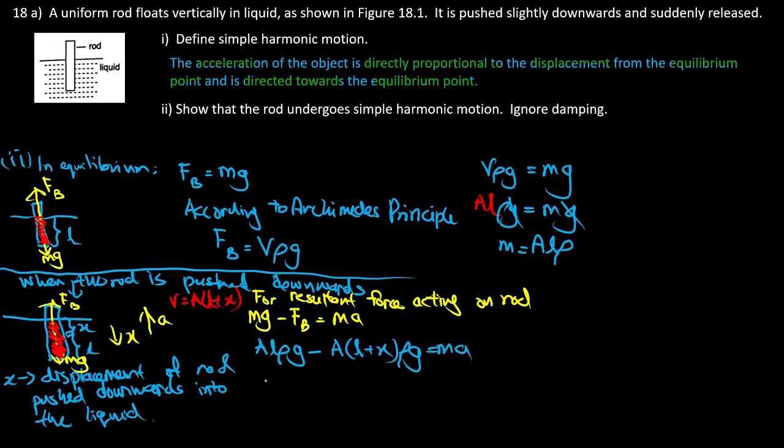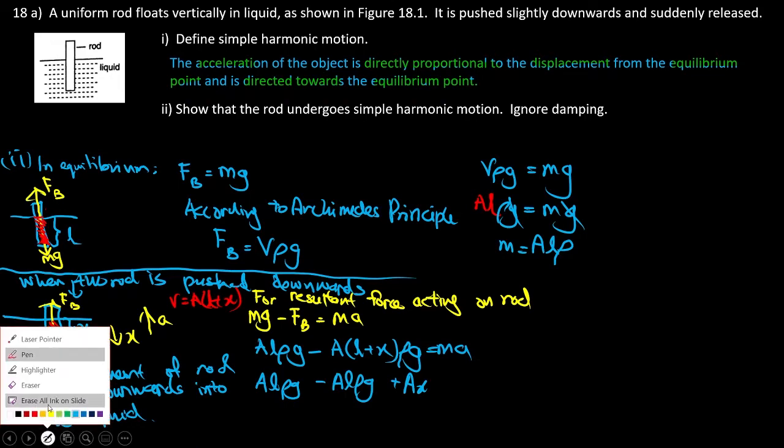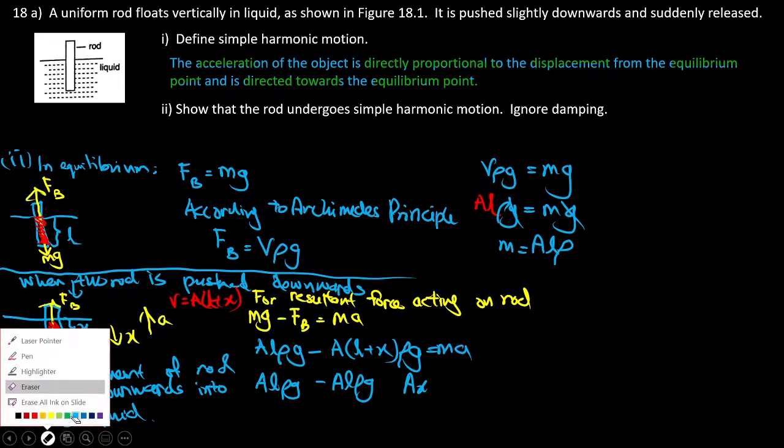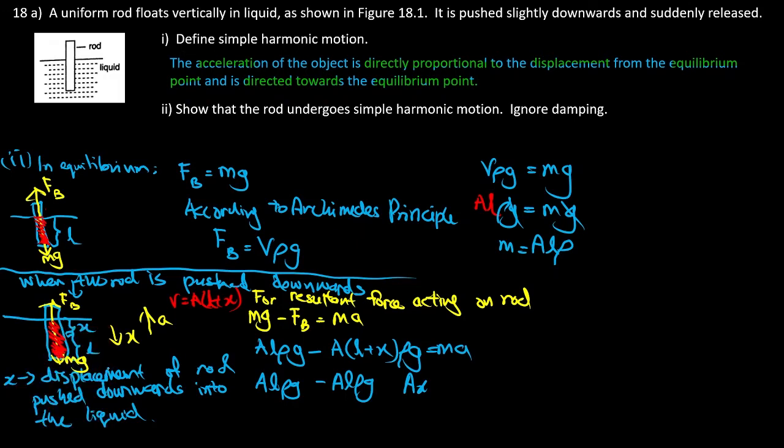So open the bracket. So you will have AL rho G minus AL rho G minus AX rho G, equal to MA.